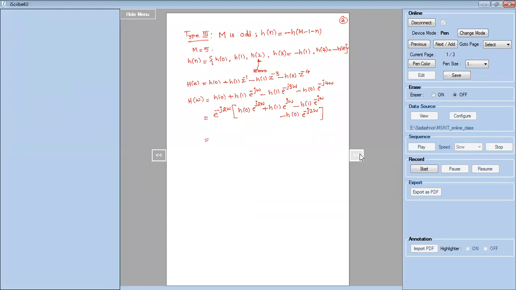Right, sir. Yes. Then I can write this as e to the power of minus j 2 omega times 2j times h of 0 into sine 2 omega plus 2j times h of 1 into sine omega.